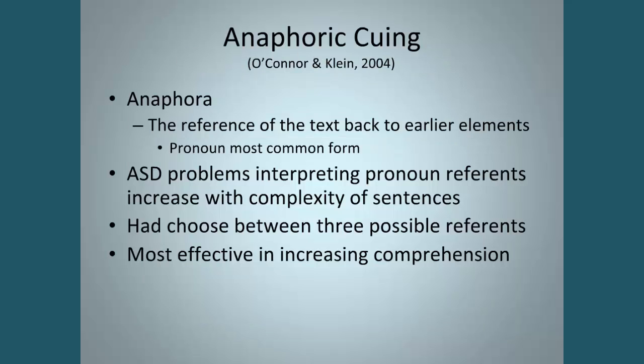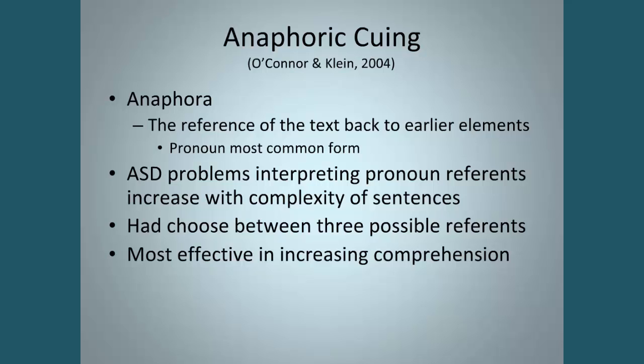Okay, so now we go to the one real study that we have, and that is anaphoric cueing. O'Connor and Klein did a study where they looked at different kinds of supports for increasing comprehension, and they found that anaphoric cueing was the most effective.